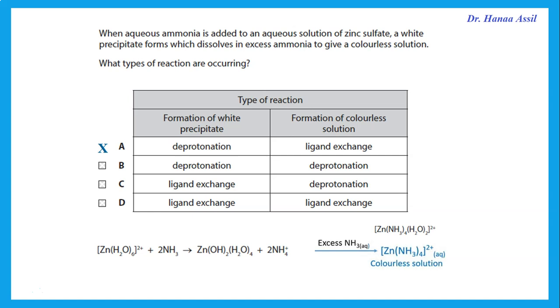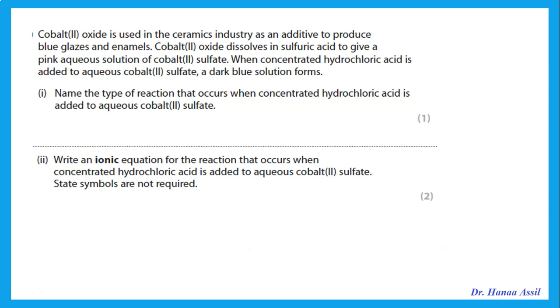Cobalt 2 oxide is used in the ceramics industry as an additive to produce blue glazes and enamels. Cobalt 2 oxide dissolves in sulfuric acid to give a pink solution of cobalt 2 sulfate. When concentrated hydrochloric acid is added to aqueous cobalt 2 sulfate, a dark blue solution forms.